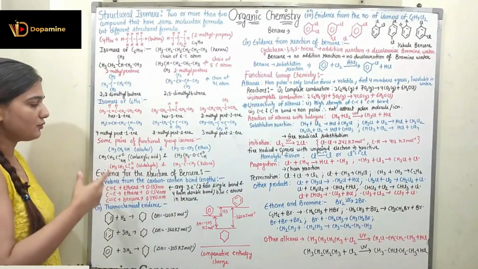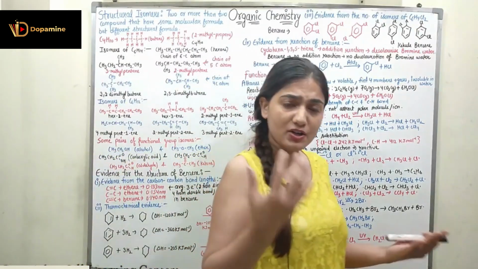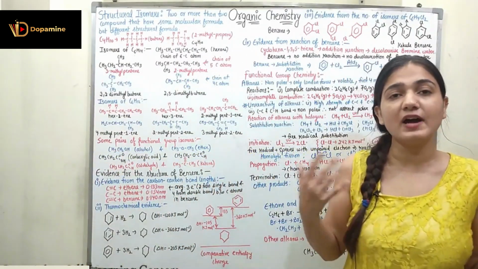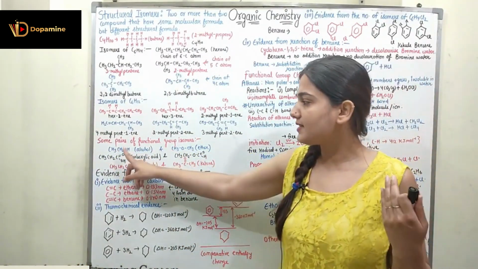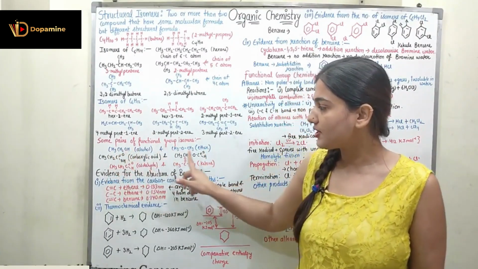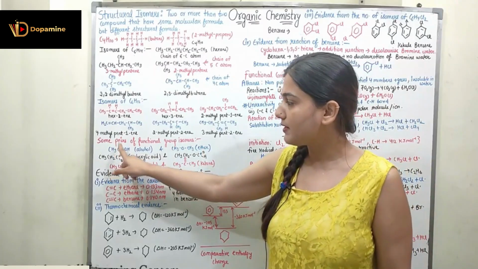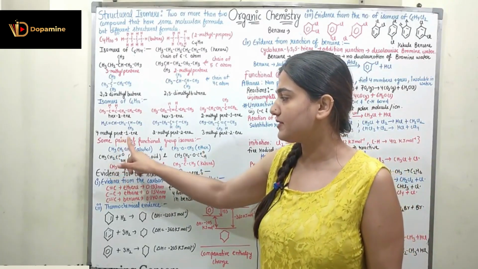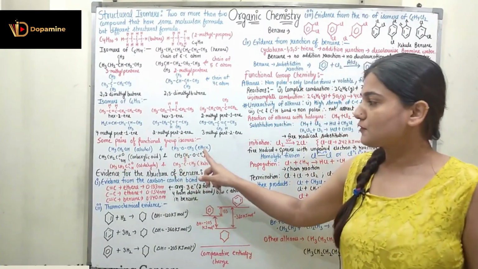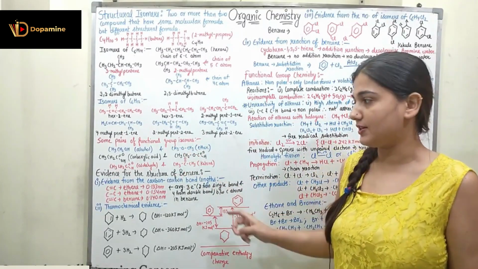Now coming to some pairs of functional group isomers. Some functional groups are also pairs of isomers, right? If I see alcohol and ether, here alcohol is CH3CH2OH and ether is CH3OCH3. If I calculate the total number of carbon, it would be 2, hydrogen 6 and 1 oxygen. Here also the total number of carbon is 2, hydrogen 6 and 1 oxygen.